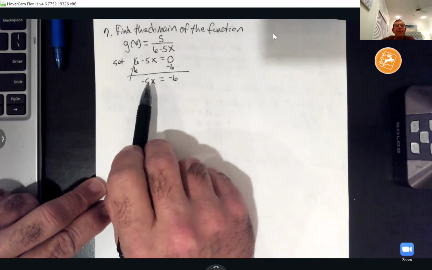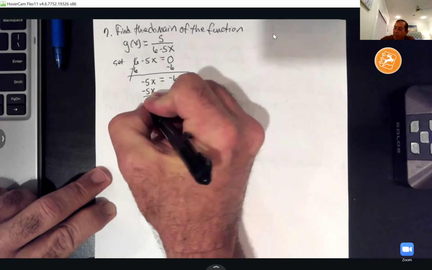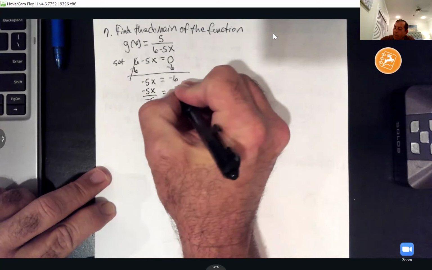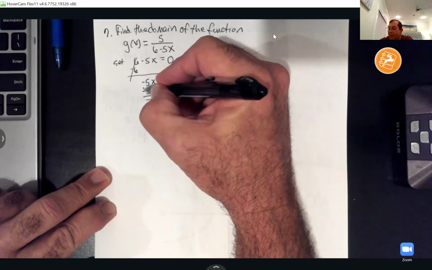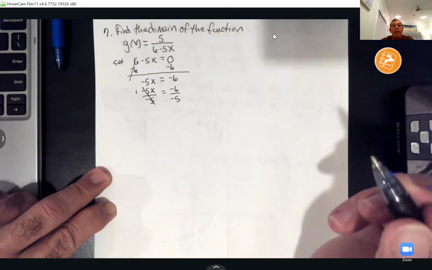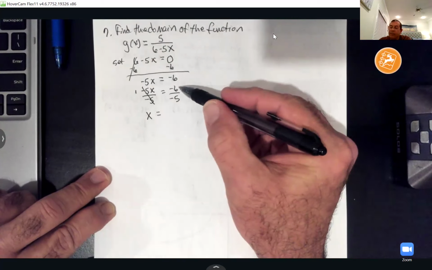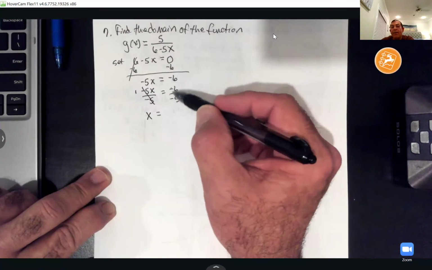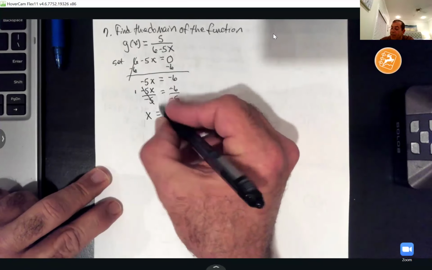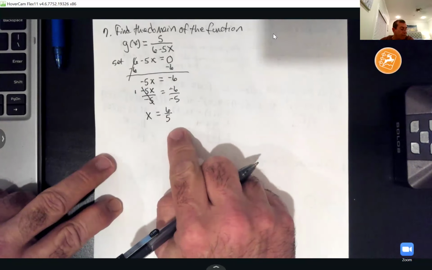All right, then divide everybody by negative 5. So this side, negative 5 divided by negative 5, gives me a 1x like I needed. Let's see, 6 will not divide by 5, but y'all, one thing, a negative divided by a negative makes that a positive 6/5.